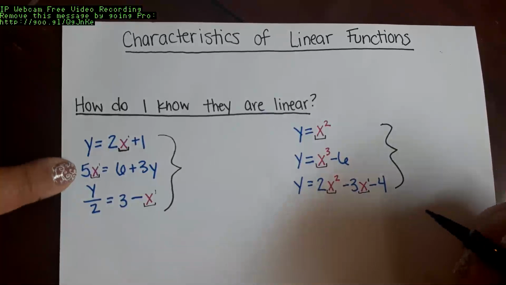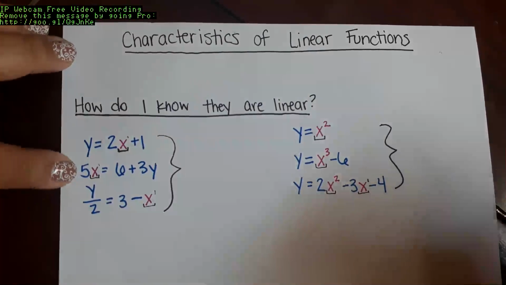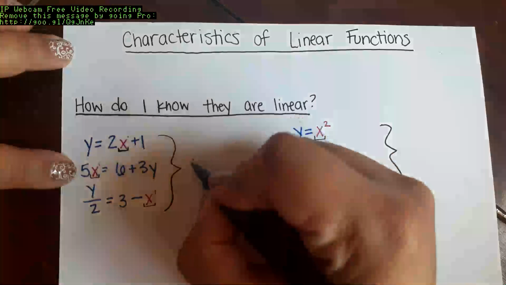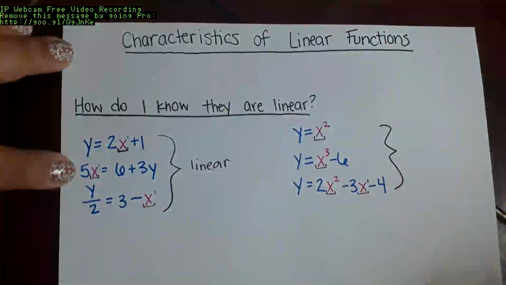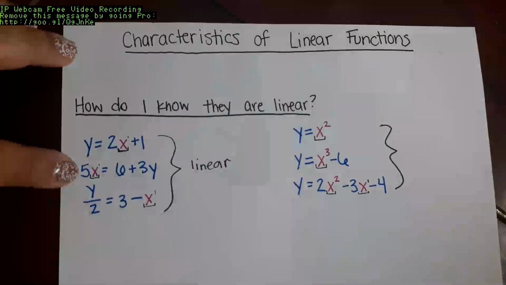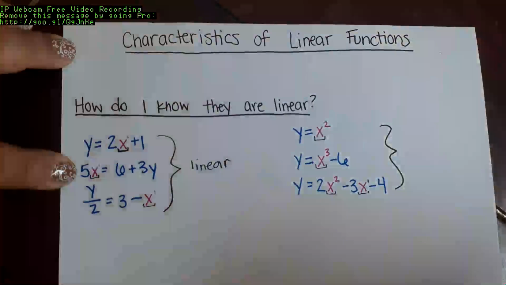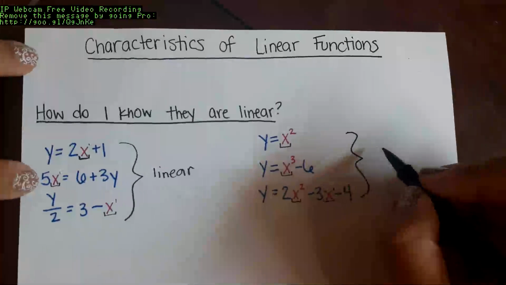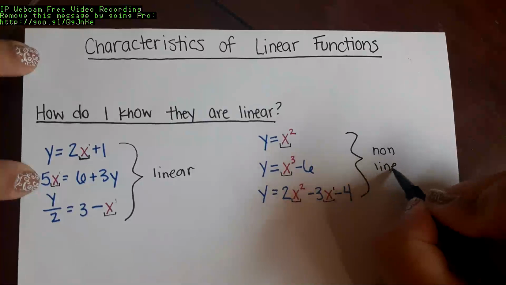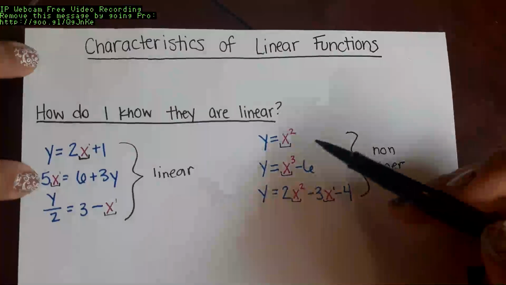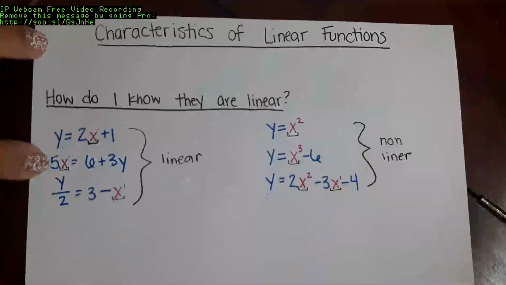So if it's only to the power of 1, if that's all the x's that you have, then we say that these are linear. Now the others that are over here are examples of nonlinear. So these are your quadratics and your cubics.